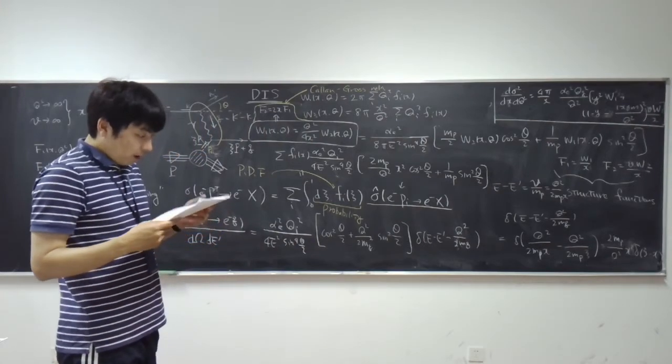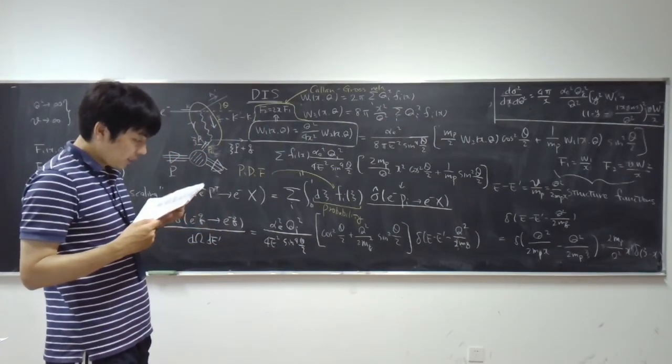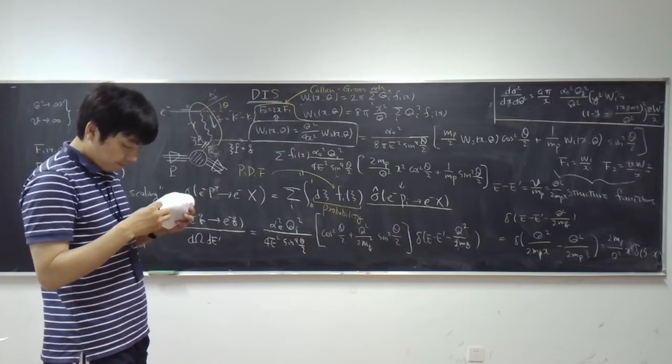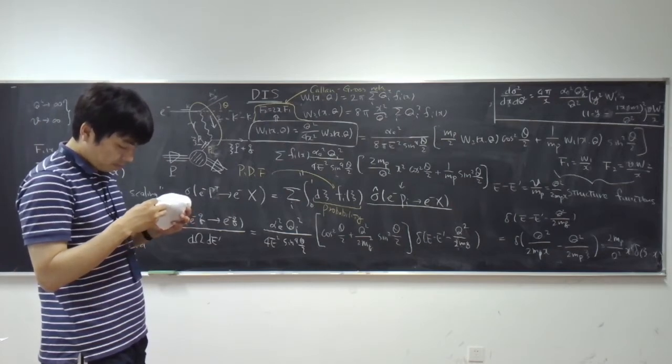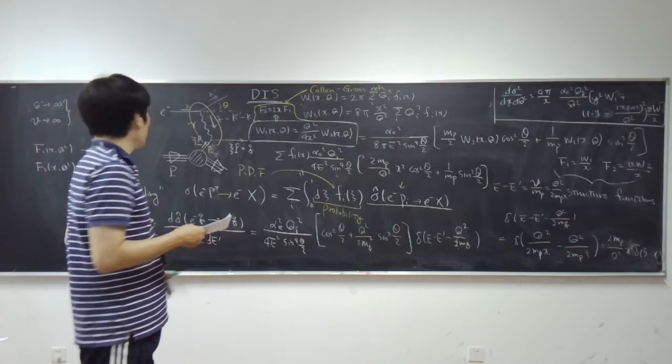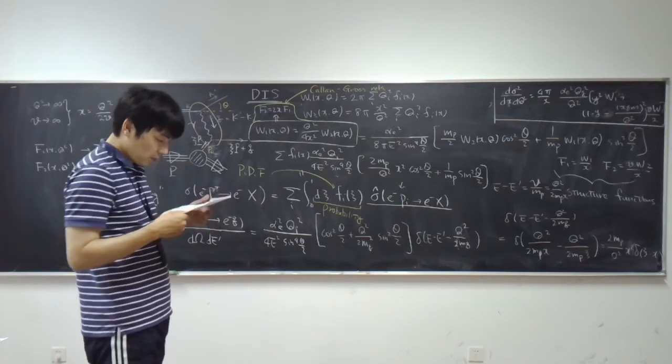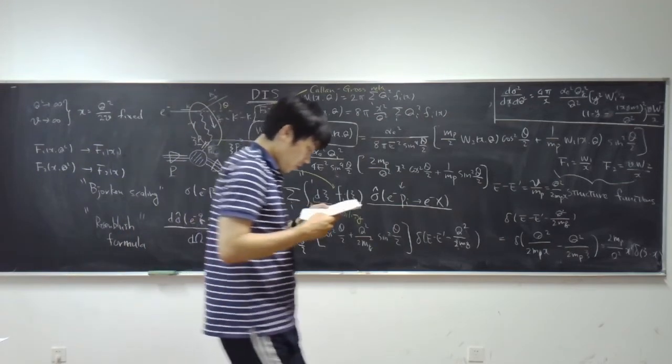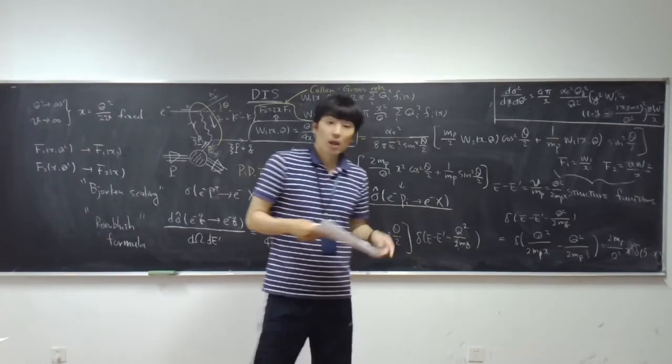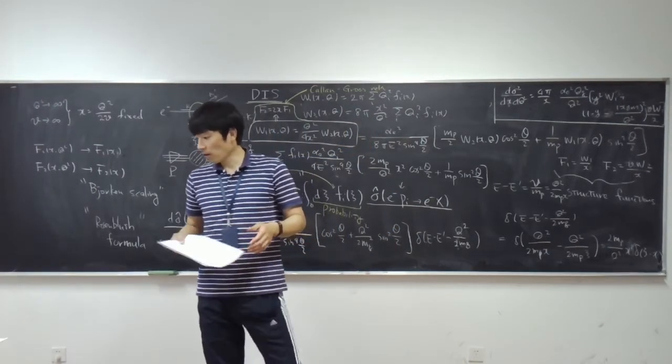Any questions so far? So that's how we explain this Bjorken scaling by using the parton model. Any questions so far?